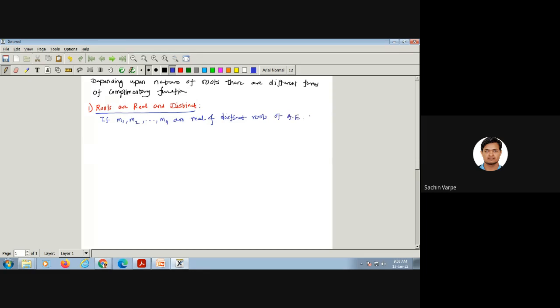What is the auxiliary equation? Phi of D equal to 0. If m1, m2, mn are the real and distinct roots of this auxiliary equation, then the formula for the complementary function is CF equal to the same formula, C1 e to the power m1x plus C2 e to the power m2x plus and so on Cn e to the power mnx.